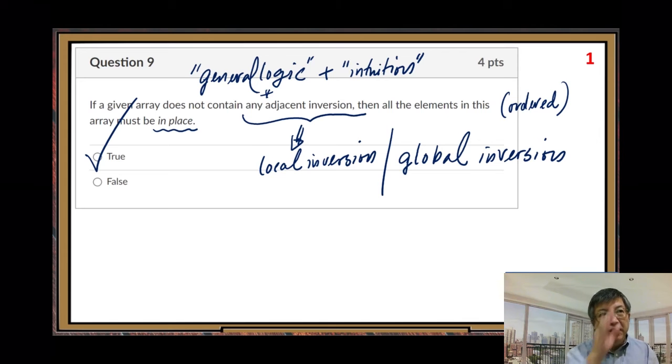But here, there is a very important property that you need to use.